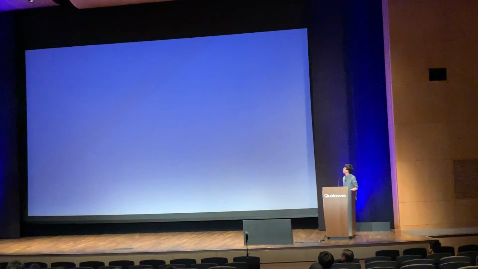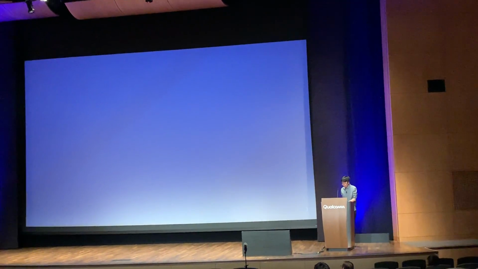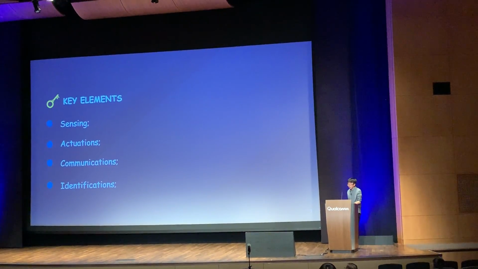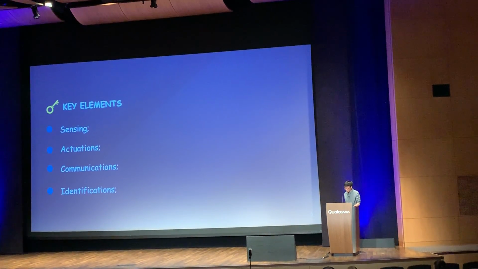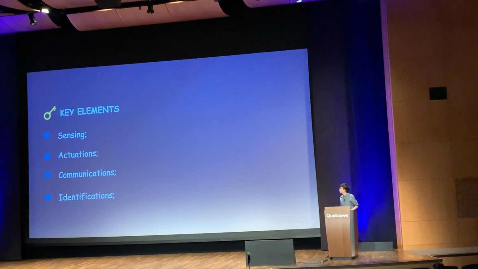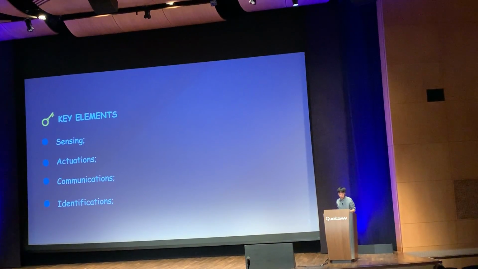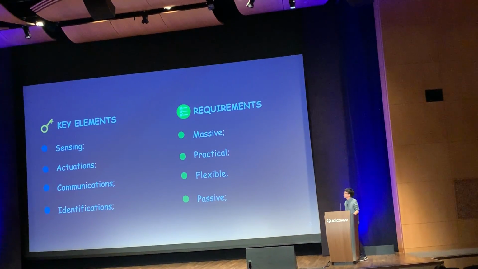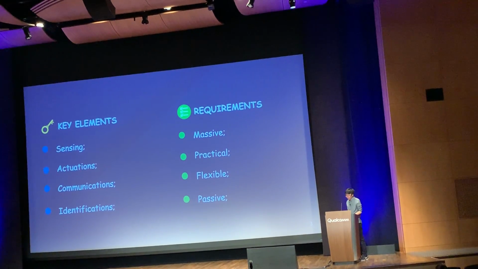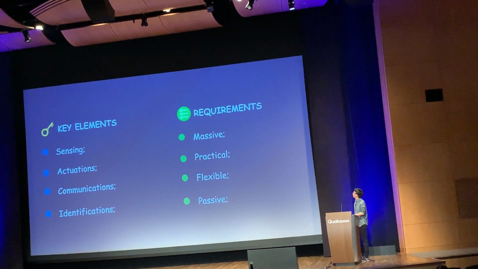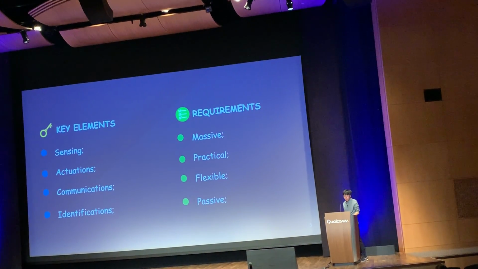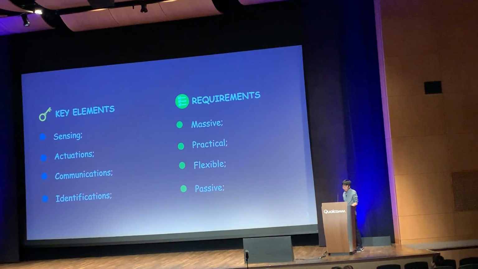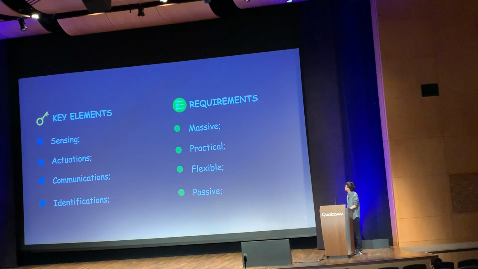Based on this, we summarize four key design requirements that we regularly encounter when designing such tags: sensing, actuation, communication, and identification. To address these, as well as the aforementioned criteria, we propose four guidelines. The first one is massive: can we manufacture such tags easily in massive quantities?